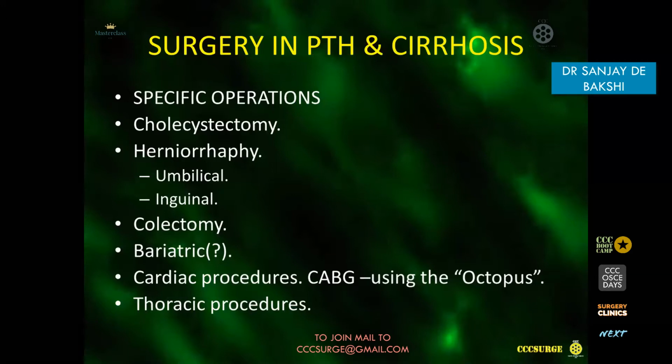Now, herniorrhaphy sometimes comes up, and sometimes your choice is actually taken out of your hand. Why? Because you end up with ascites and you have an umbilical hernia out there. Sometimes the skin gets damaged and you have an omentum sticking out here.